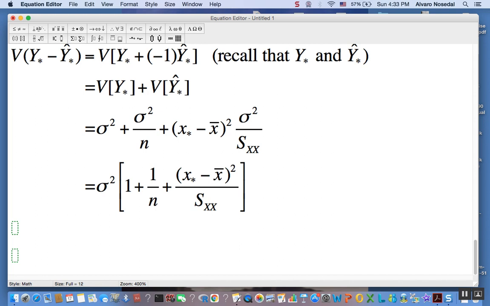So that ratio would have a t-distribution with k degrees of freedom.